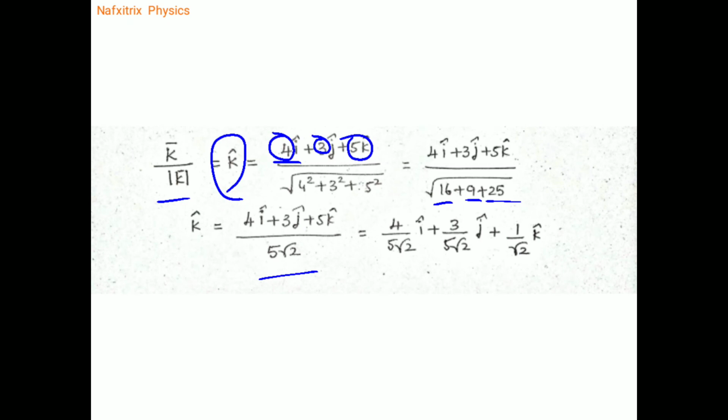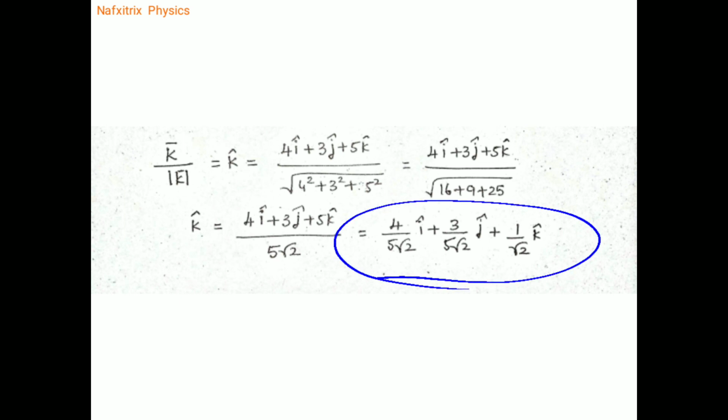Again we need to distribute this among all. So 4 by 5 root 2, 3 by 5 root 2, 5 by 5 root 2. The 5 gets cancelled and 1 by root 2 remains. Finally this is our required wave vector, the unit vector.